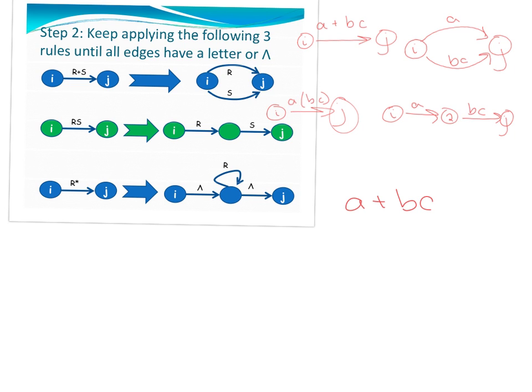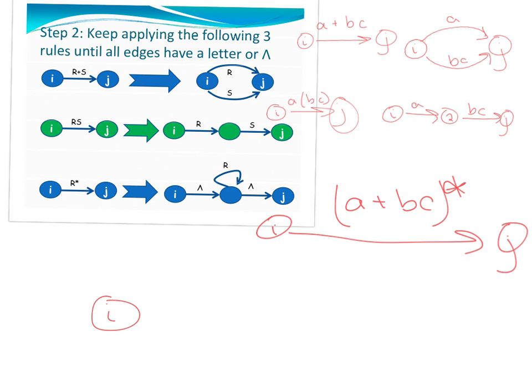All right. So I had A plus BC starred before, taking me from I over to J. And what this is telling us we can do is make a new transition from I to J that'll do exactly the same thing. We're going to start at I. We're going to take a lambda transition to a new state. Maybe I'll call it 43 just to show you I can name it whatever I want.